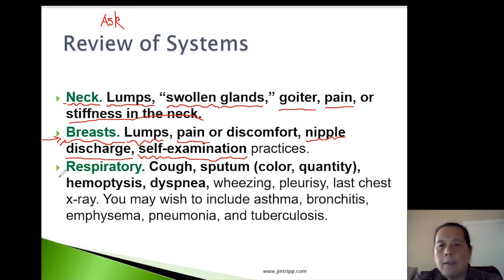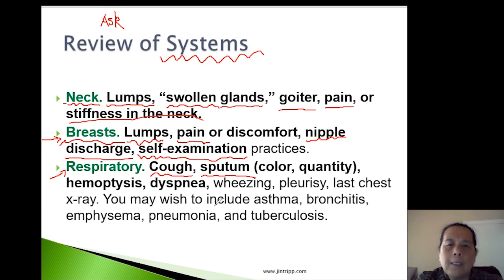Then we follow the symptoms, the review of symptoms. Now truly we go to the big symptoms, the respiratory system. The questions related to the respiratory system: does the patient have cough or maybe phlegm?